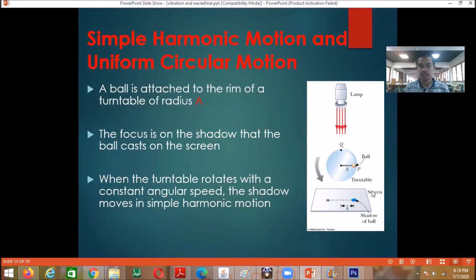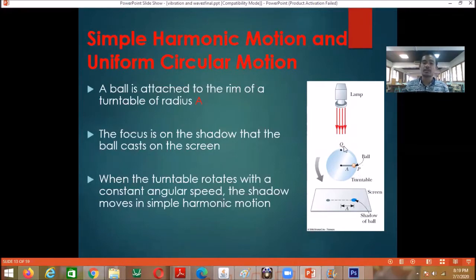Suppose we have a turntable here, rotating at constant angular speed, and there is a ball attached to the rim of the turntable of radius A. As the turntable rotates at constant angular speed, the ball attached to it is moving around the circle at constant speed. If an object is moving around a circle at constant speed, we can say that the object is in uniform circular motion.